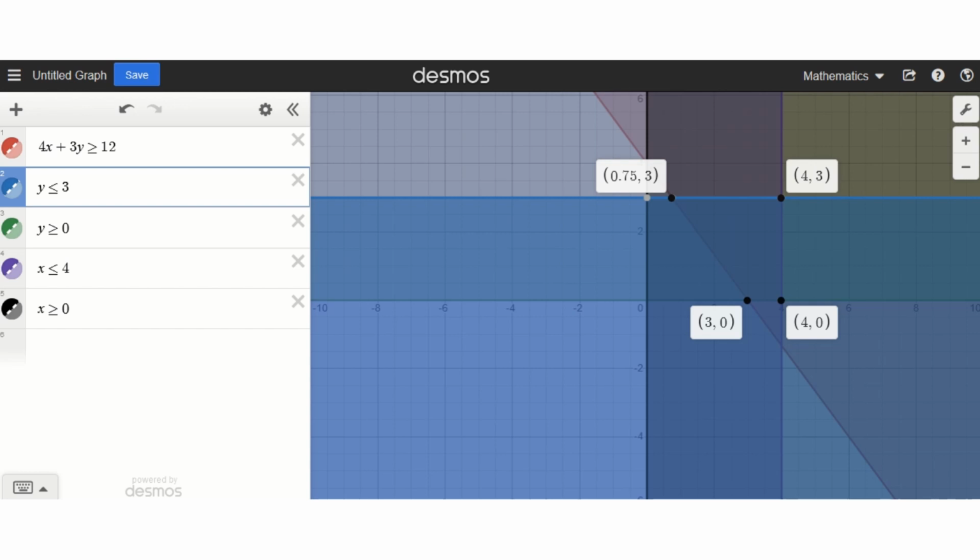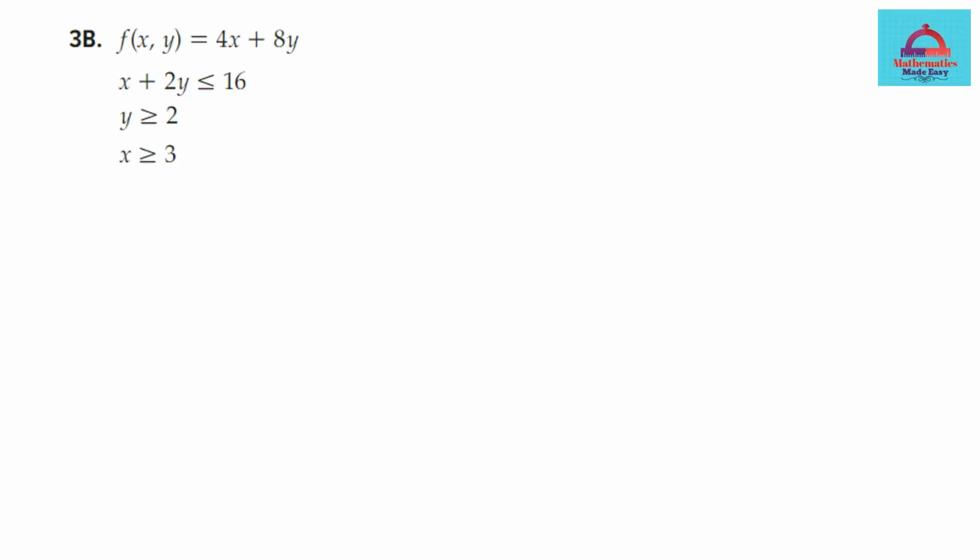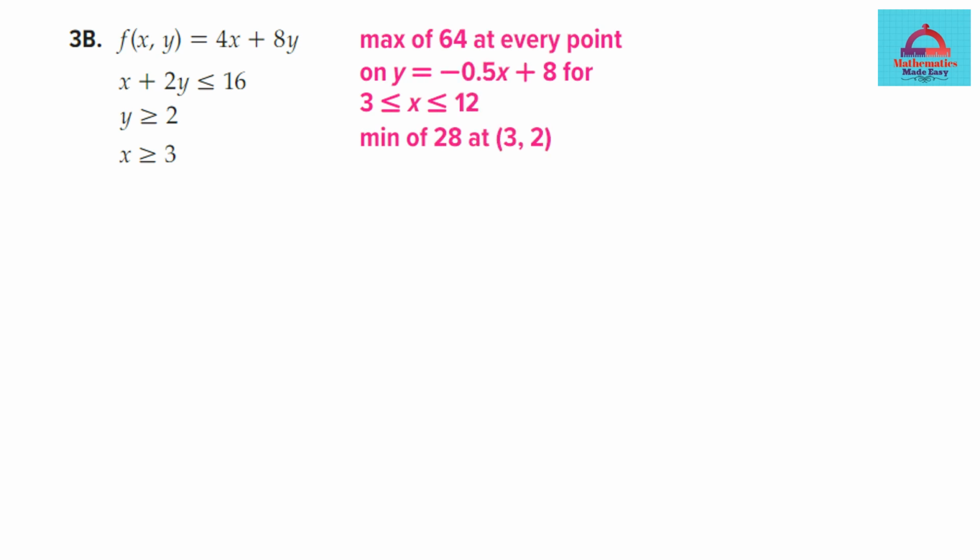It is just a shortcut. But ideally in your exam, since the Desmos graphing calculator is not used, you should do the method like I showed you in the video before. As homework, I would want you to try this question yourself, solving the same steps using the same method, and then your correct answer for the maximum and the minimum values of the objective function, after drawing the graph of the inequalities and constraints, will be this.